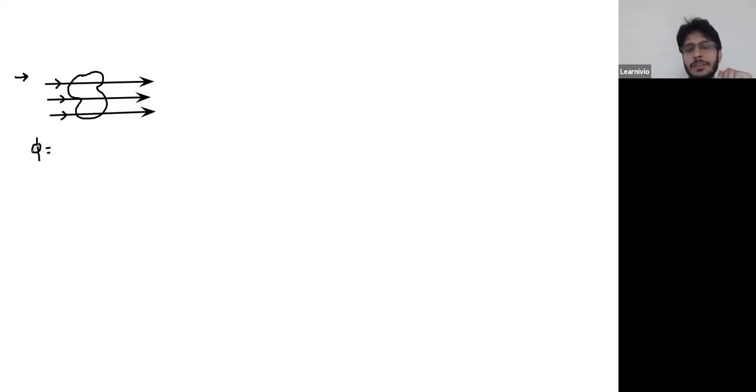What is the definition of flux in terms of field lines?